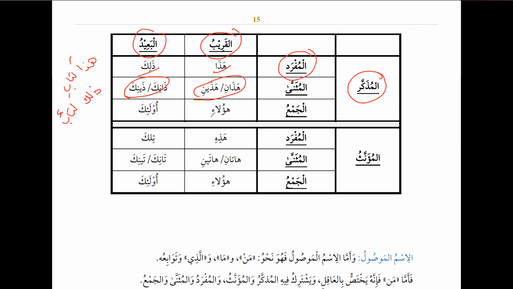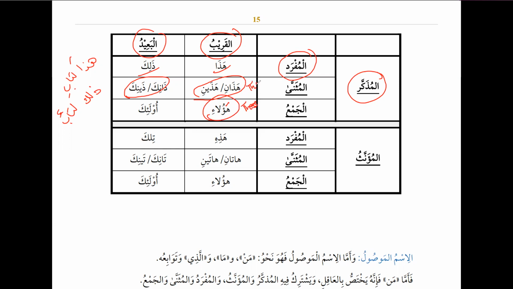For جمع, you use هؤلاء, and that's how هؤلاء is written. Even though we read an alif, we don't write an alif. That's how the Arabs have written it. هؤلاء. طيب, الجمع هؤلاء.